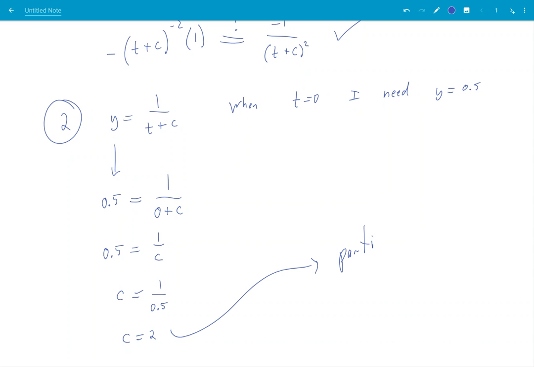So my particular solution is y is equal to, well, it's just this guy. But now I replace the c with 2.